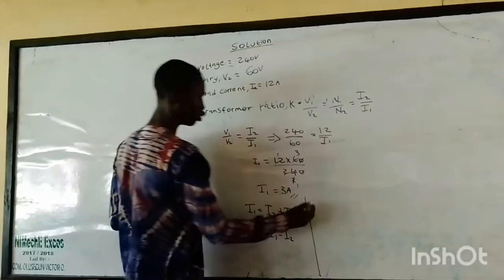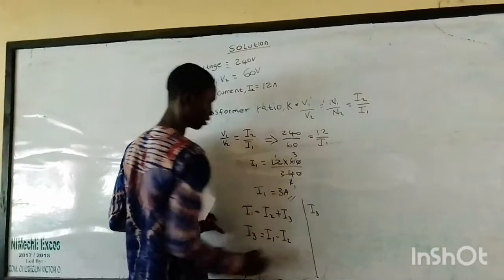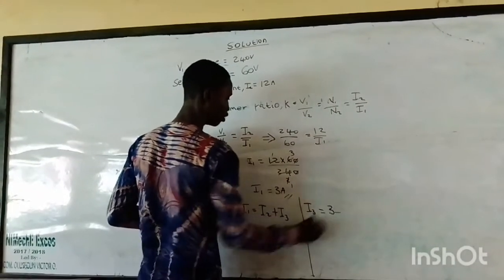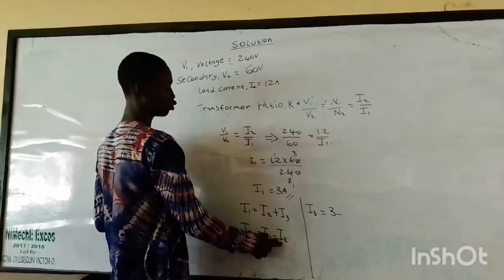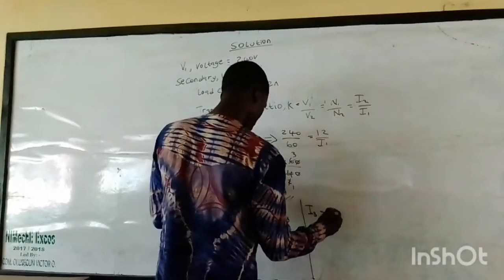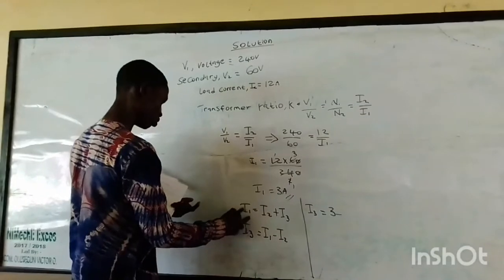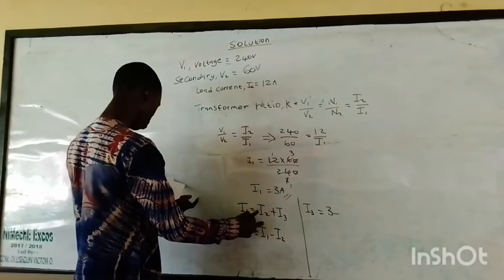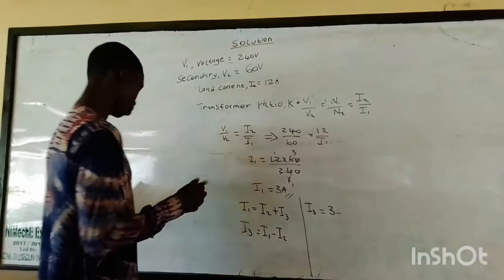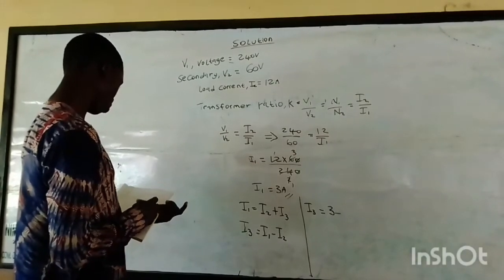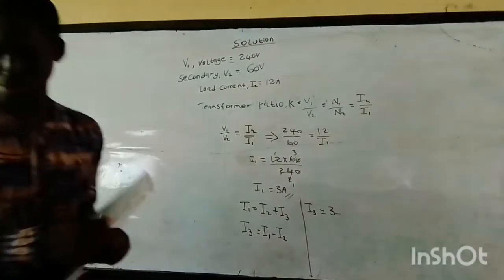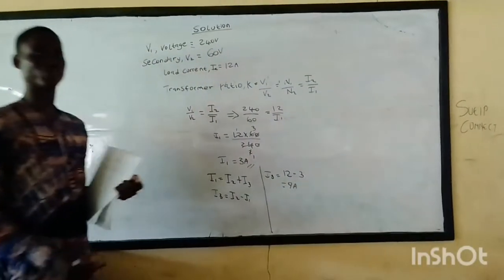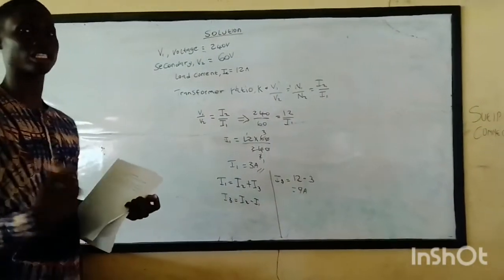Our current I1 is 3 ampere minus I2, and I2 is 12. I've made a mistake, just continue. 9 ampere. Now with this, I'm expected to draw a circuit showing the direction of current and voltage.